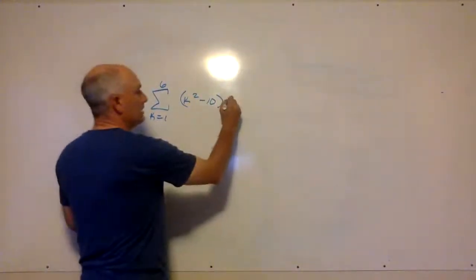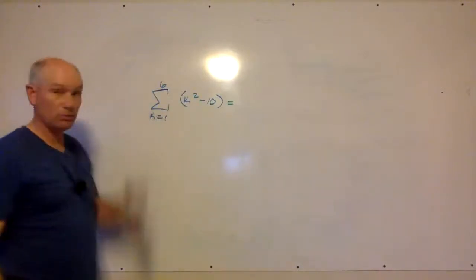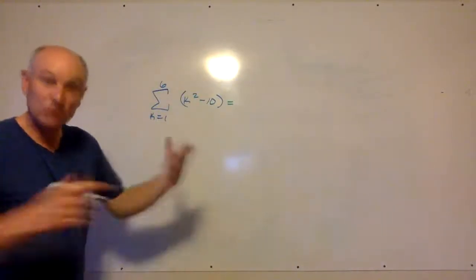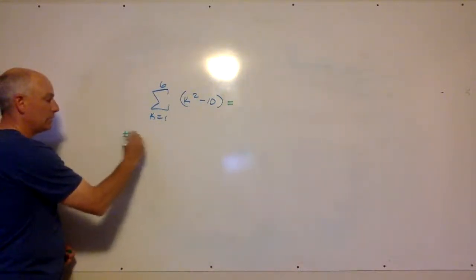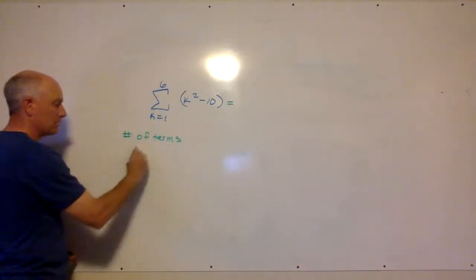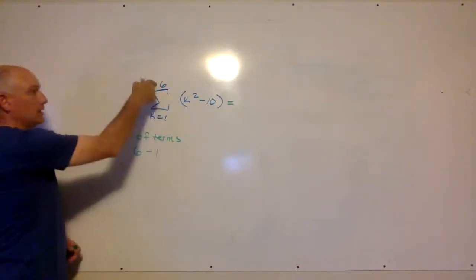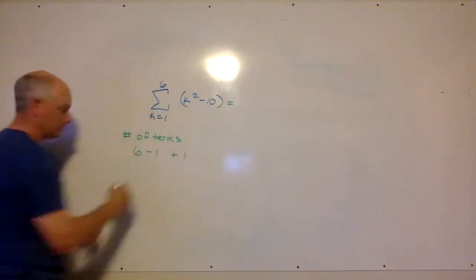So, as I do this, again, I know that I'm going to have 6 terms here. 6 minus 1 is 5, but I'm using the first term. Okay? So I might want to keep in mind that the number of terms, in this case, will be 6 minus 1, top number minus bottom number, plus 1.